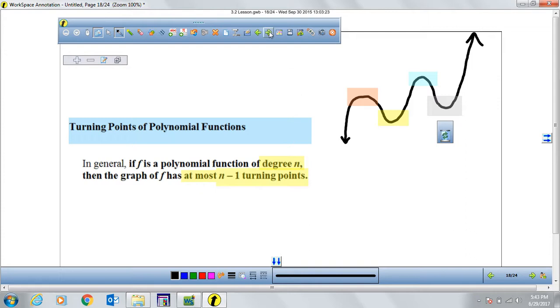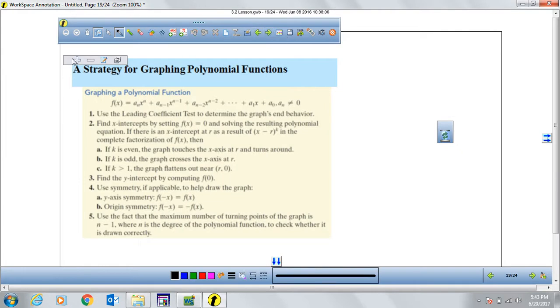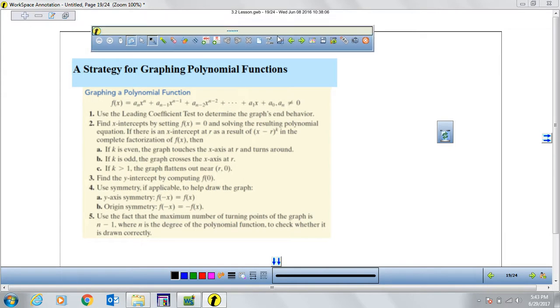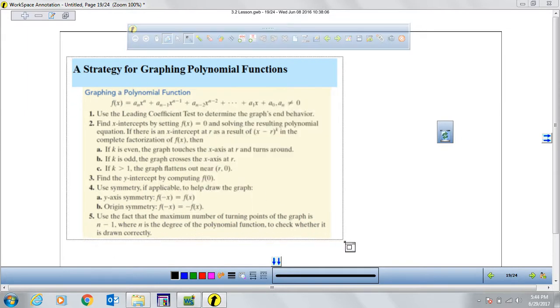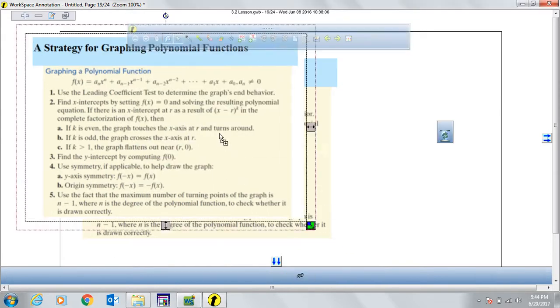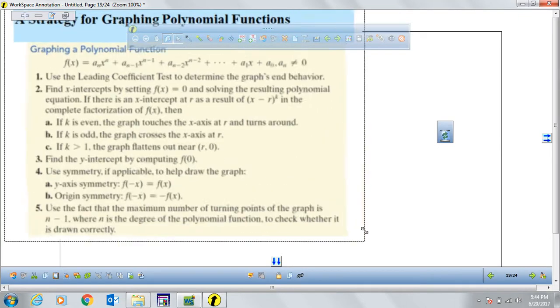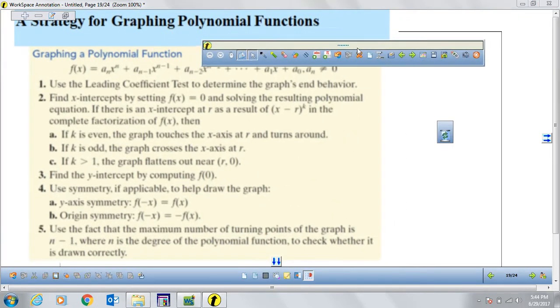So now we're going to get into the last part of the section, which is a strategy on how we can graph polynomial functions. On this strategy we're going to be finding the following items. Number one, first thing that needs to be found is the end behavior of the polynomial function, if it rises on the right, falls on the left, and so on.